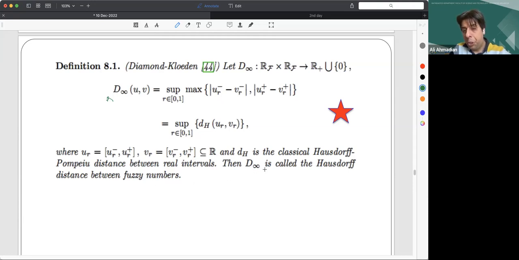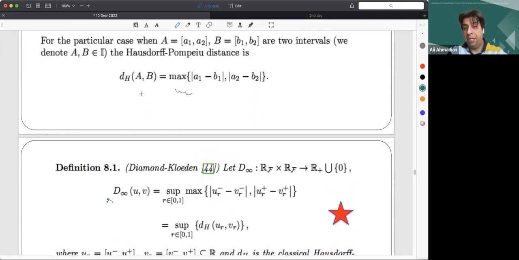We usually denote it by d, and it is the supremum over all alpha cuts or r cuts, no difference, just different notation, of the maximum of the subtraction of the lower bounds and the upper ones. We call that the Hausdorff distance.